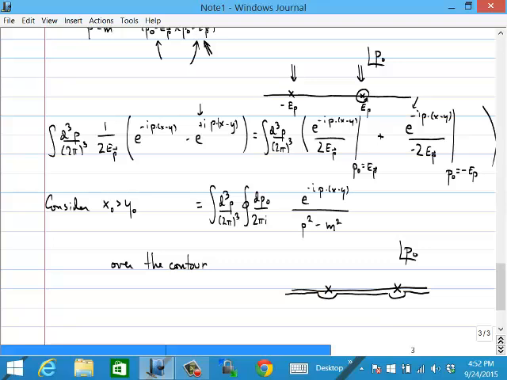Well, I do that because I'm keeping x0 larger than y0 so that I can complete this contour by integrating at large imaginary values of p, and then I just pick up the contributions of those two residues. And the contributions of the two residues are those two terms that I wrote here. Okay.